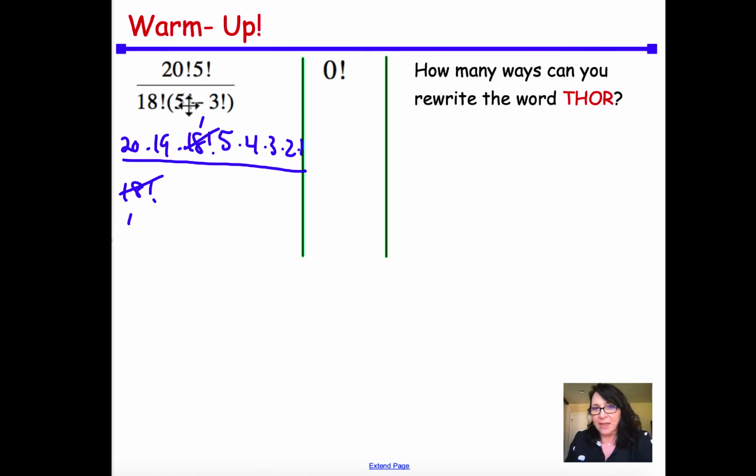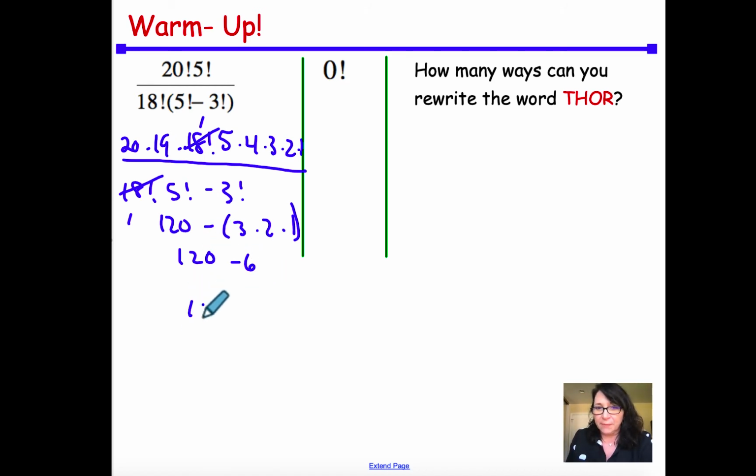And then we have 5 factorial, which is 120, minus 3 factorial. I think that was actually meant to be 5 minus 3 factorial, but anyway, 5 factorial, which is 120, minus 3 factorial, which is 3 times 2 times 1, which is 6. So 120 minus 6 is just going to be 114.